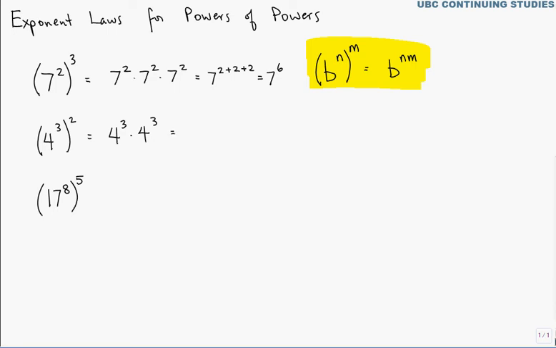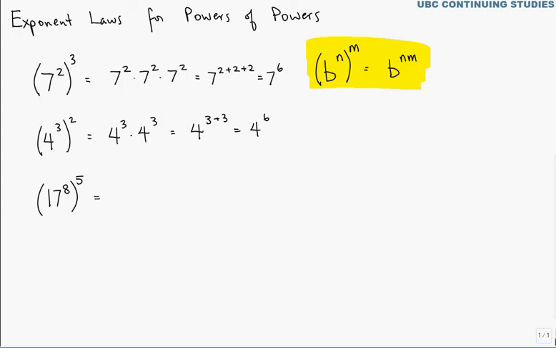Well, again, if we just follow the law we already know for multiplying, we would just have to add the 3 and the 3. We would get 4 to the power of 3 plus 3, which is 6. And so, again, the exponent there, 6, comes from just multiplying the two exponents.